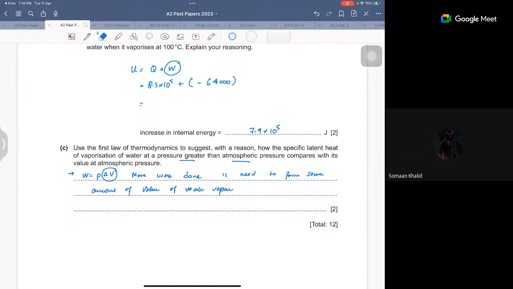And then you need to say what the effect will be on the internal energy. Specific latent heat of water basically depends on the energy. To produce the same increase, since you are subtracting more, you need to have greater energy supplied, right? So I think the specific latent heat would have to increase as well.